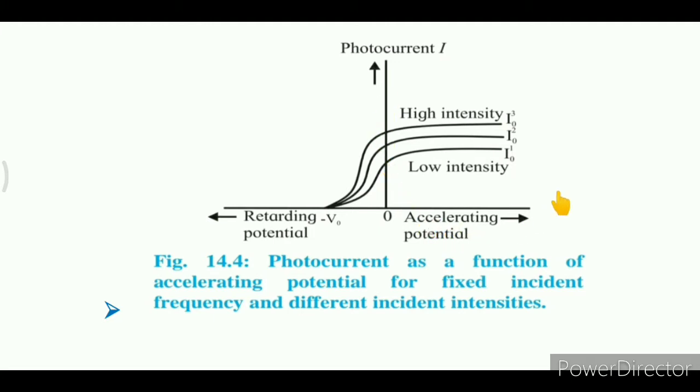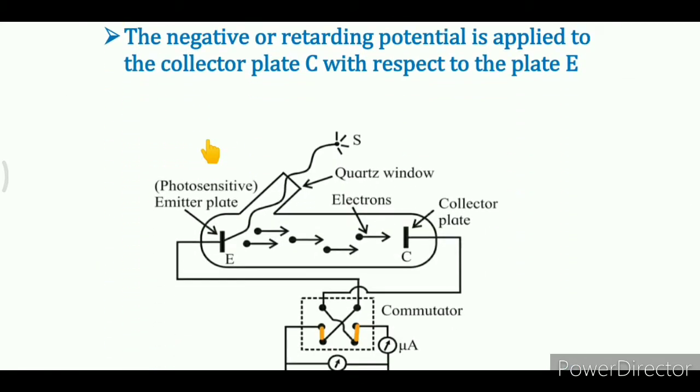Now let us discuss the part when the collector plate is maintained at negative potential. What happens if an increasingly negative potential is applied to the collector? That means we apply negative potential on the collector plate C continuously, and it increases.